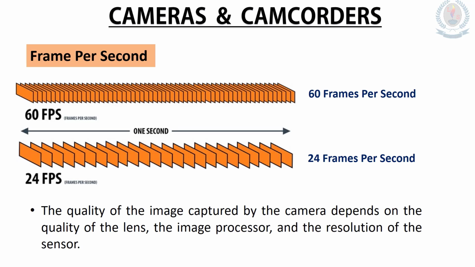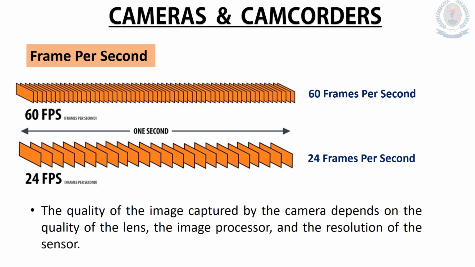That means it includes 60 frames per second. In the second picture, the rate is 24. That means there are 24 frames per second. High frame rates produce smooth results, whereas low frame rates can produce results that appear to stutter or jump.